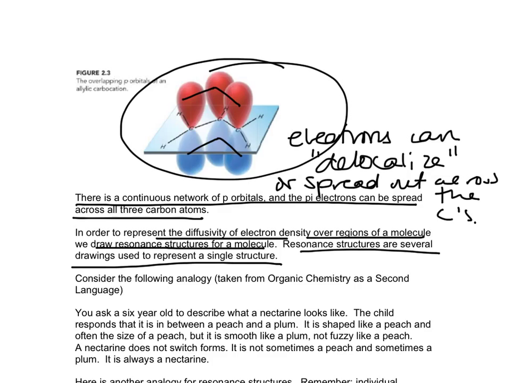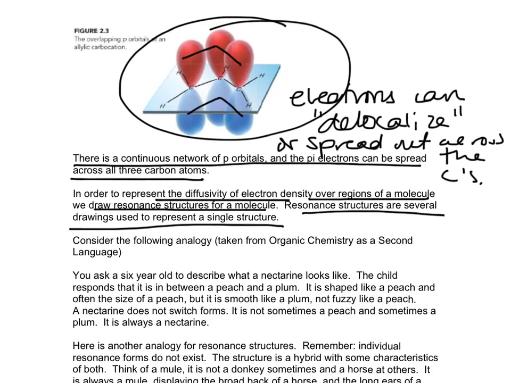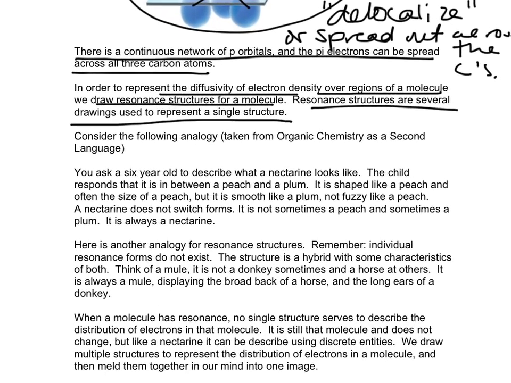And we discussed the analogy in class of a peach. What we said was that if you were asked by a child what a nectarine looks like, we would say that it's in between a peach and a plum. So it's shaped like a peach, and it's often the size of a peach, but it's smooth like a plum. And what's important to note is that a nectarine is always a nectarine.